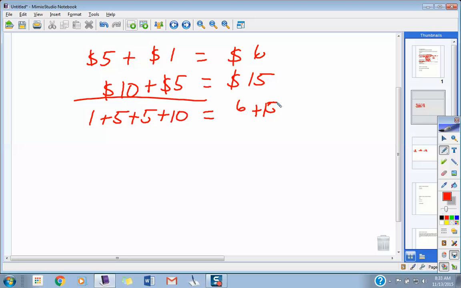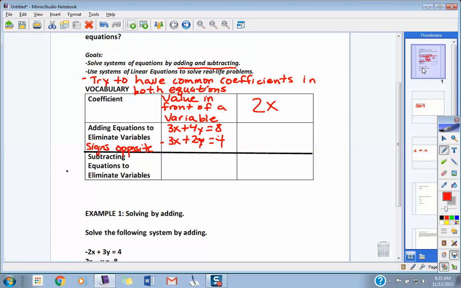So back here on this example, how do you add equations to eliminate a variable? Well, since your signs are opposite on the 3x, because the 3x's are very much the same, we're going to add this all together. So here we go. I'm going to put a plus sign here. The equation is 3x plus 4y equals 8.